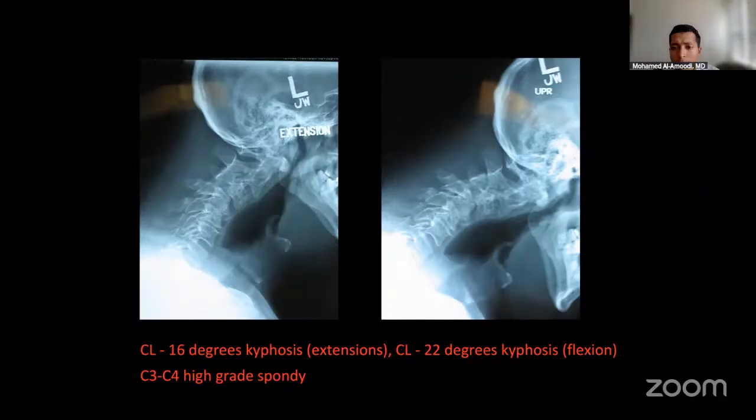While the displacement is more or less the same, the angulation increases with flexion. Another striking feature here is the elevated kyphosis. Even in extension, it's sitting at 16 degrees, and with flexion it goes to about 22 degrees, C2 to C7 Cobb angle. And if you look at the cervical SVA, that's also quite elevated, both in extension and flexion.